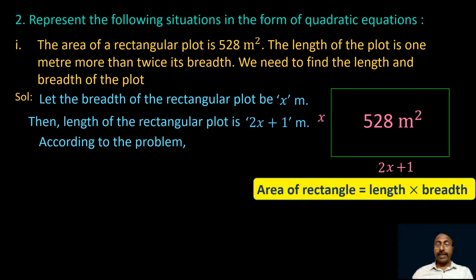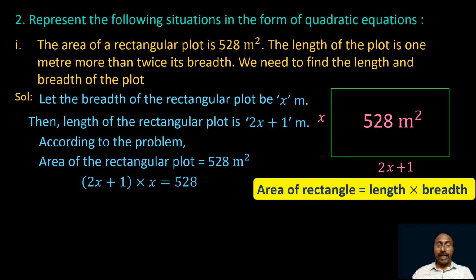Length is 2x plus 1 and the breadth is x meters. So 2x plus 1 into x is equal to 528.